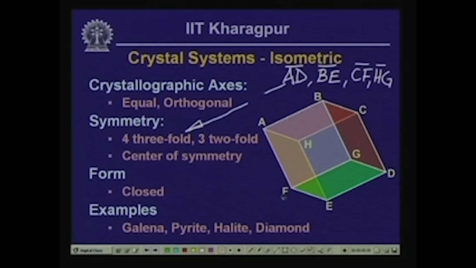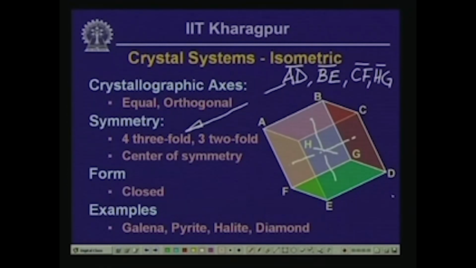So the two-fold symmetries in these cases are going to be along the centers of faces A, H, F, E. So there will be one line that is going to connect the center of A, H, F, E and the center of the opposite face, which is B, G, D, C, and similarly we are going to have another one from here, and we are going to have a third one that is going to connect the centers of H, E, D, C and A, B, G, F. So these three axes are going to be two-fold symmetric axes.